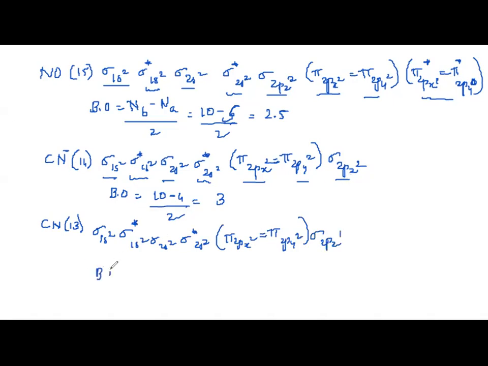So bond order: 2, 4, 6, 8, 9. 9 minus 4, by 2. 9 minus 4 is 5, by 2 is 2.5.